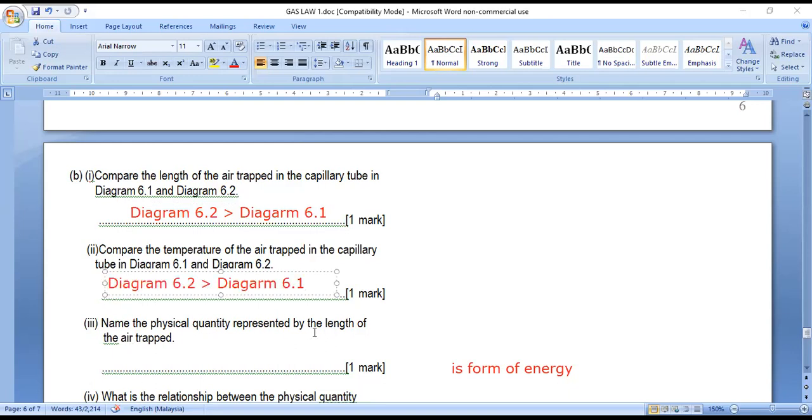Name the physical quantity represented by the length. The length of trapped air actually represents the volume. Volume of trapped air.